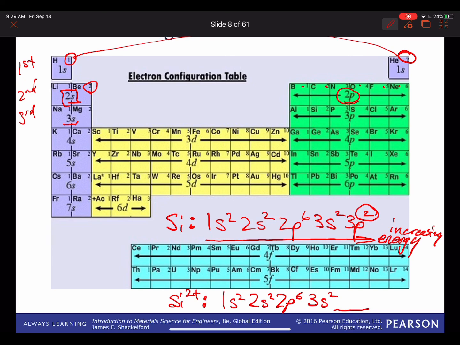A couple of notes: you can use this approach to generate the electron configuration for most things. So once you move into elements in the 4th row, everything is still fine.